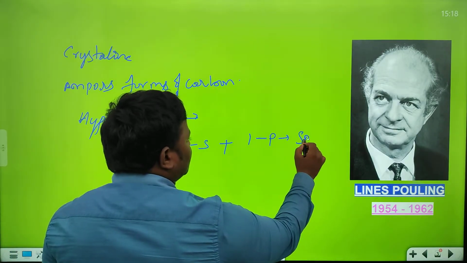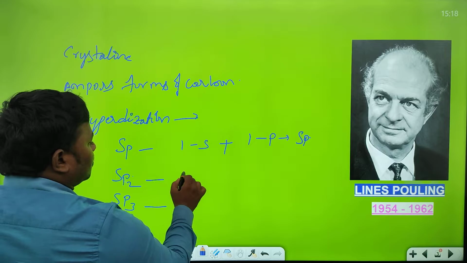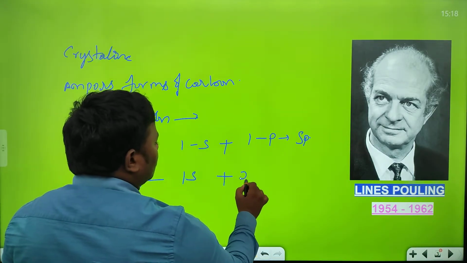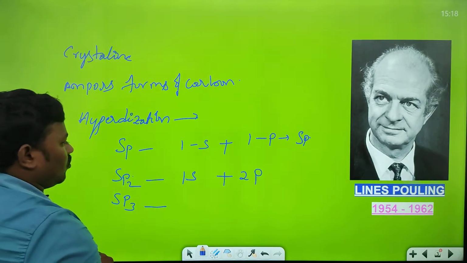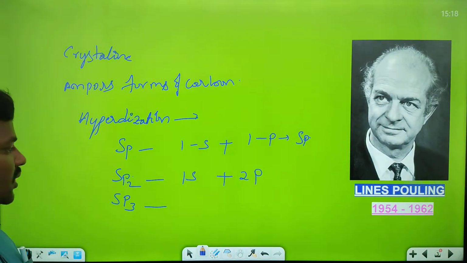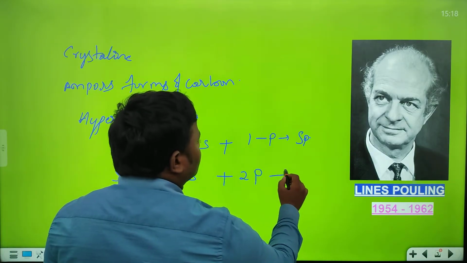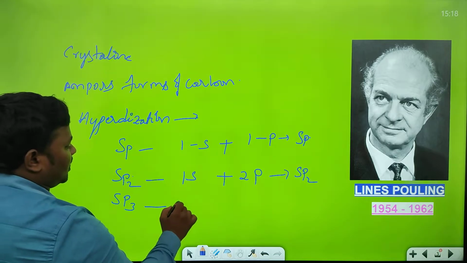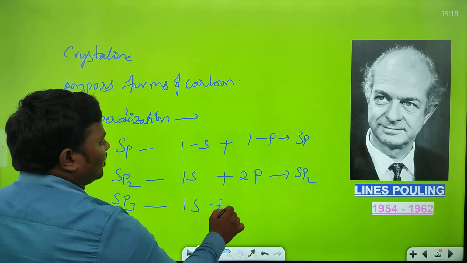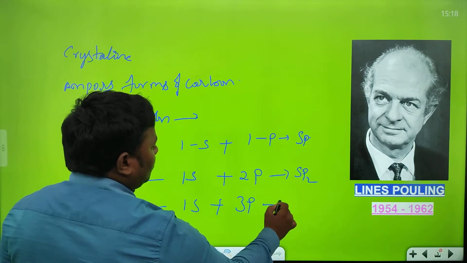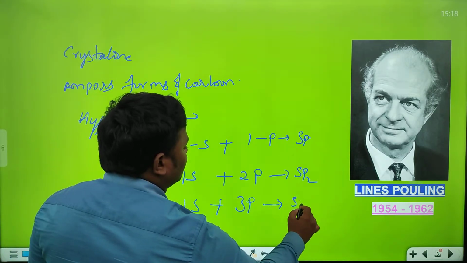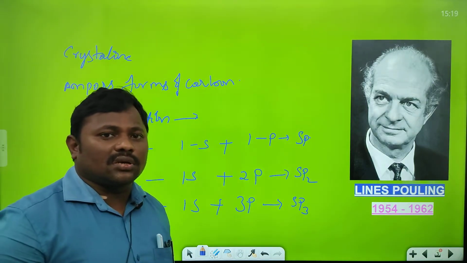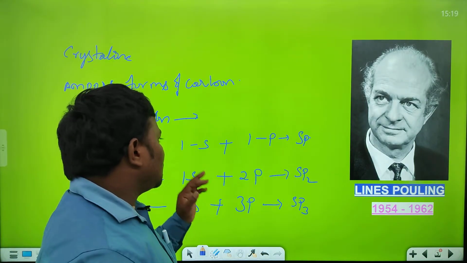Here one s orbital and two p orbitals combine to form sp2 hybridization. And here one s orbital and three p orbitals combine to give sp3 hybridization. So this is the combination we see.